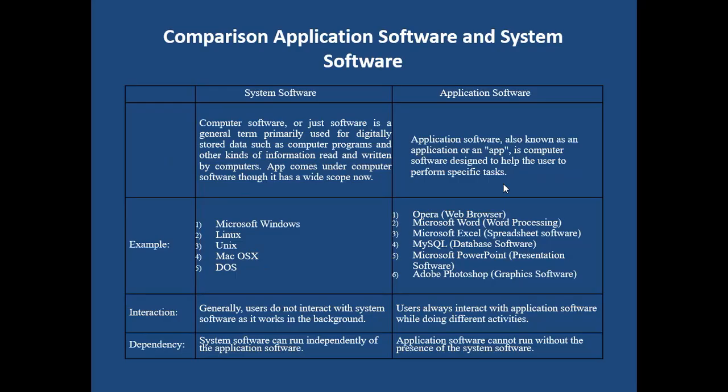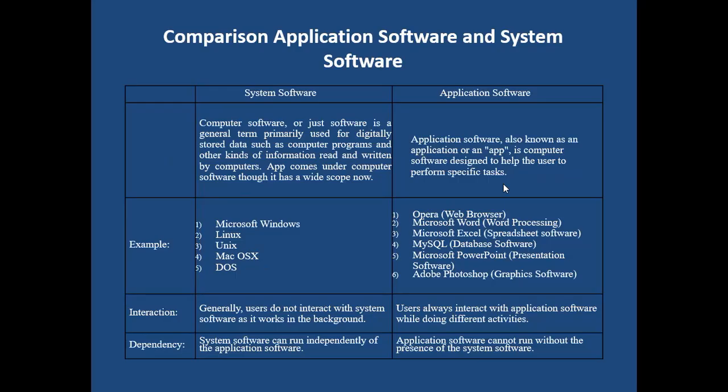Apps come under computer software, though it has a wide scope now. Then the application software is also known as an application or an app, a computer software designed to help a user perform a specific task.